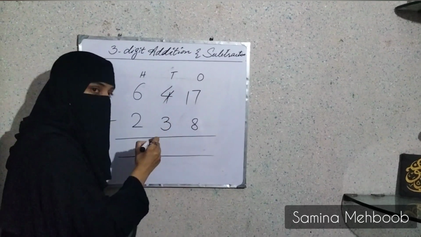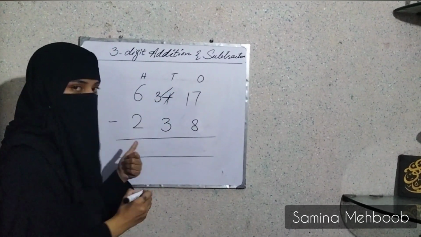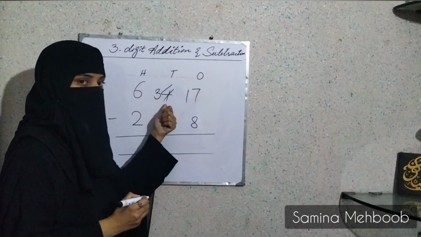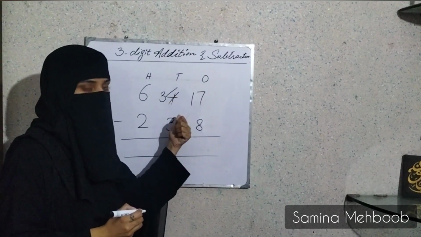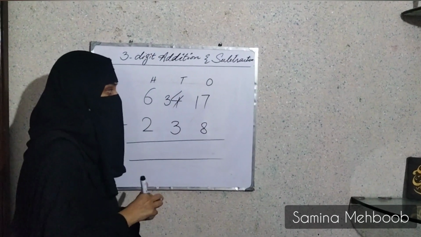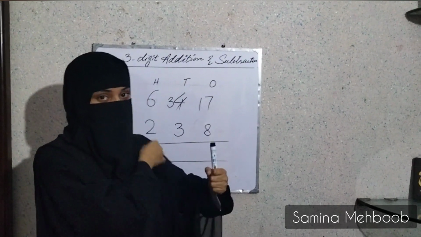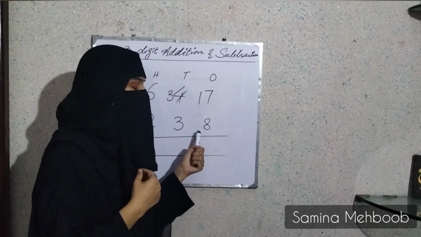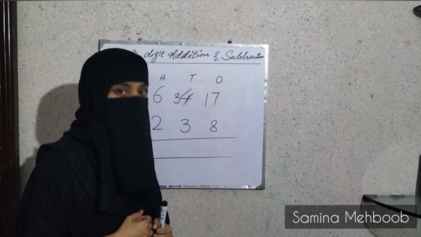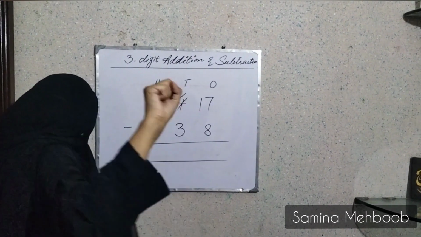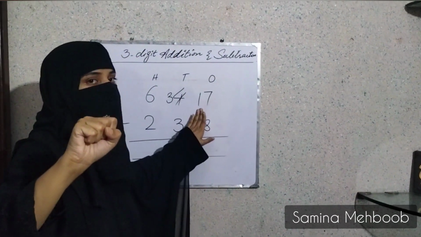It has given 1 to the ones place. Now we will cut 1 from 4. What is the number now here? 3. Rather than 4, 3, because 1 has been given to the ones place. Now 7 has borrowed 1 from the tens place. Now 17 is powerful. It can subtract 8 easily. What is the smaller number here now? The smaller number is 8. Make a fist like this. And start counting after the smaller number till the greater number.